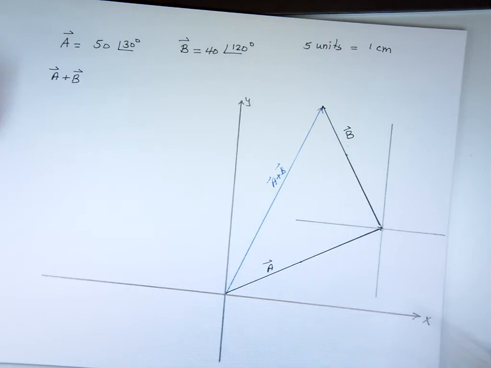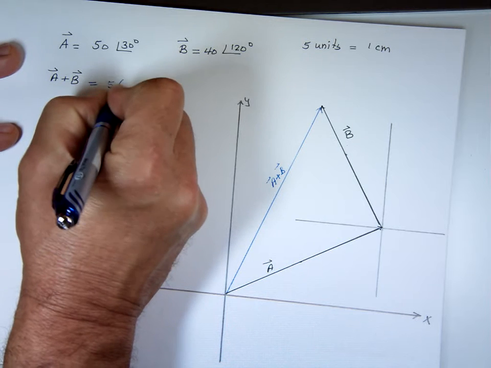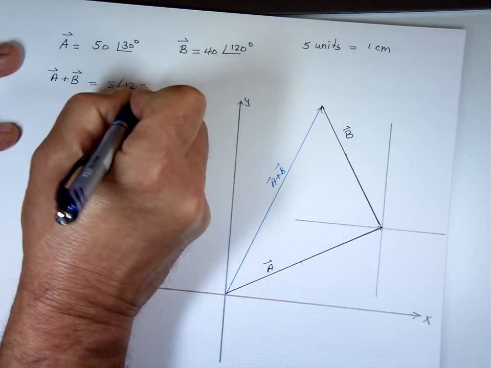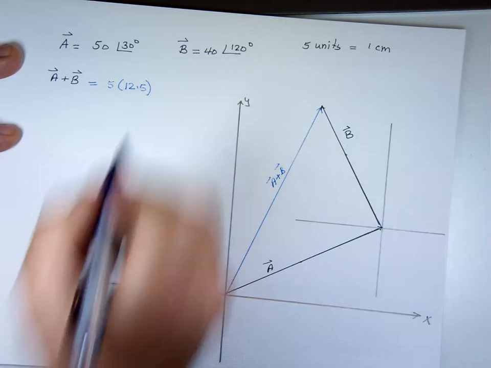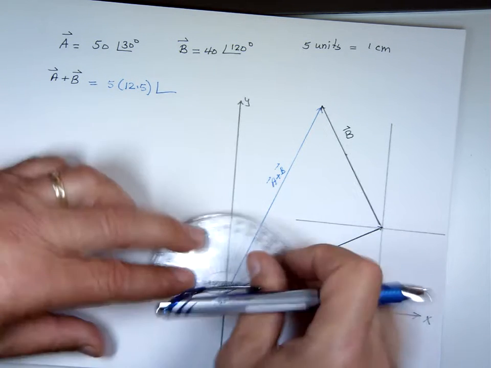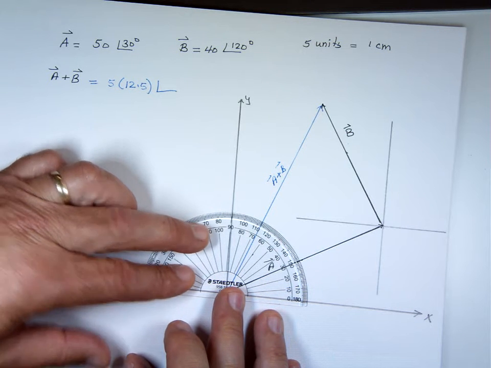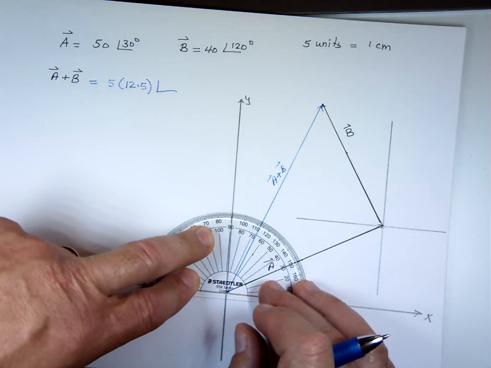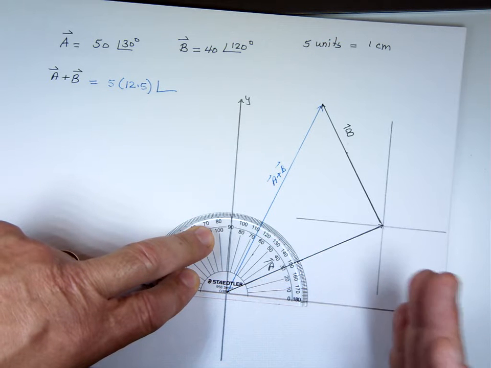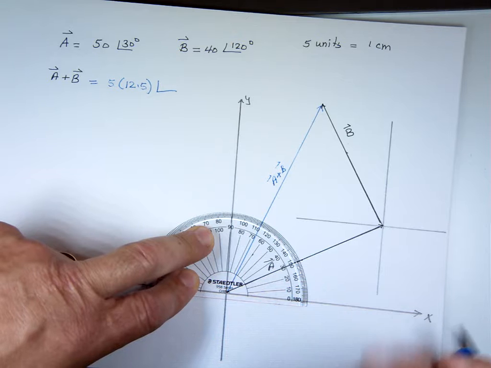So A plus B equals, my scale is what? 5 to 1? So 5 times 12.5 will tell me the value of that. And what's the angle? Well, let me measure that angle. Let me lay my protractor here. I know it's not 70. Could be either 67 or 68. I can't tell, so I'll go with 68 degrees.